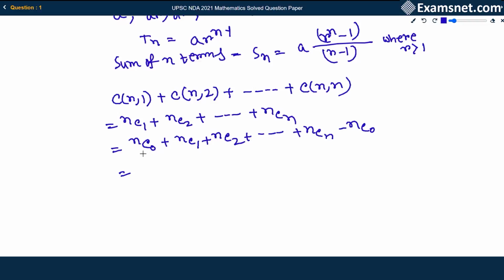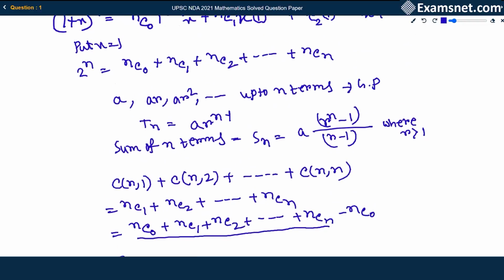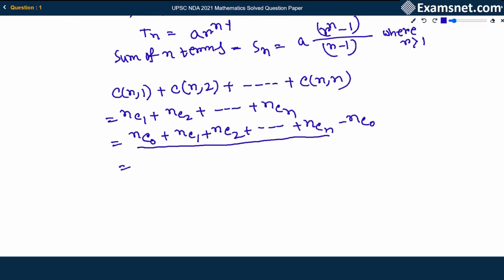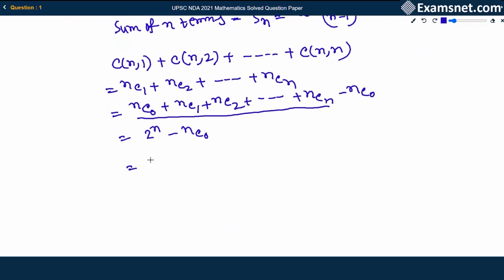Now look at the first terms: it is the expansion of 2^n, correct? So I can write 2^n minus nC0 instead of this expression. Also nC0 equals 1, so we get 2^n minus 1.